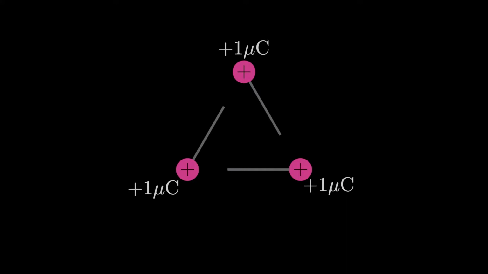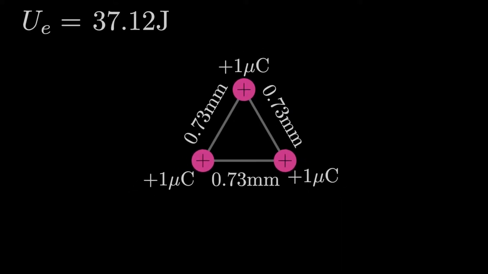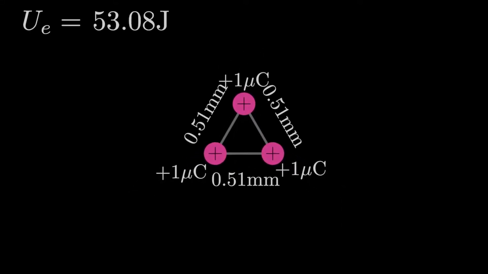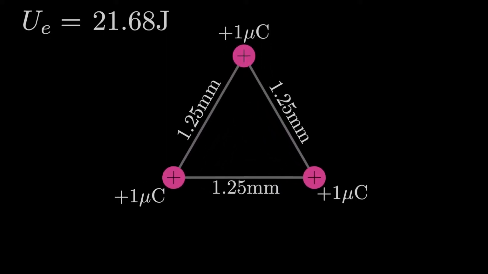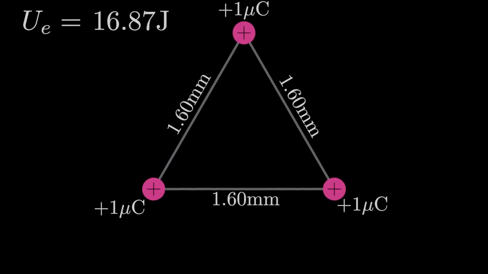We know if we have like charges together, the potential energy of the configuration is positive, and it's larger if the charges are closer together, and smaller if the charges are farther apart, because the energy is inversely proportional to R. If we have a pair of opposite charges, though, we have negative potential energy.